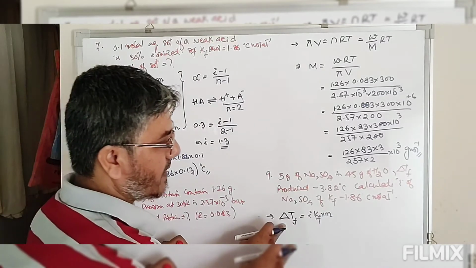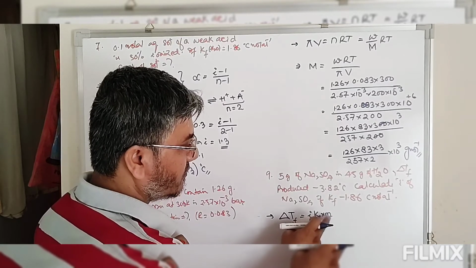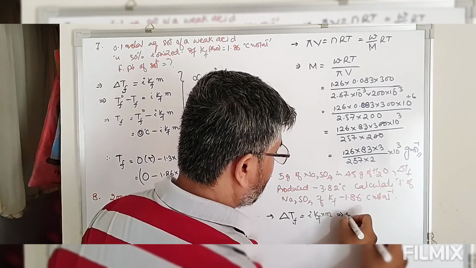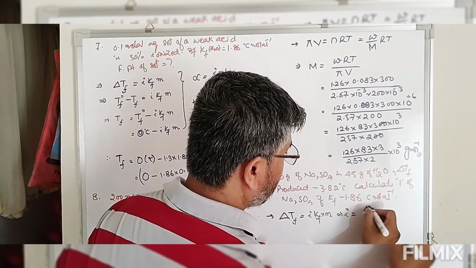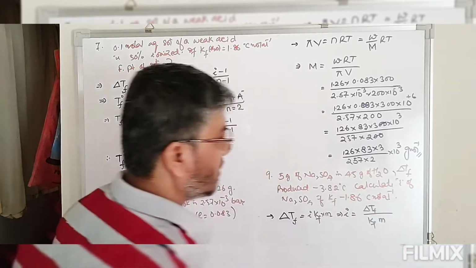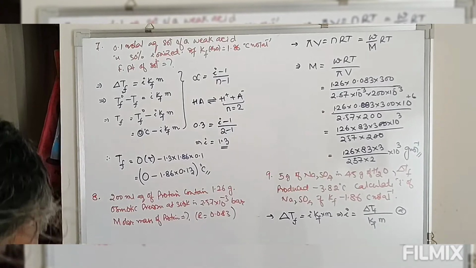Delta TF is given, Kf is given. We have to find the value of I and M. So therefore I is equals to delta TF divided by Kf into M. Let this be equation A. Now first we have to find the molality.